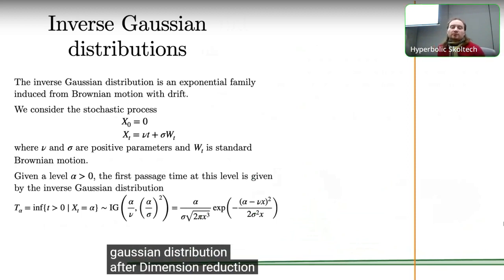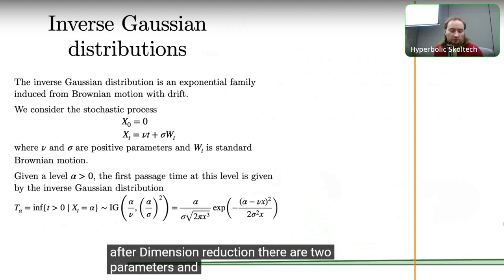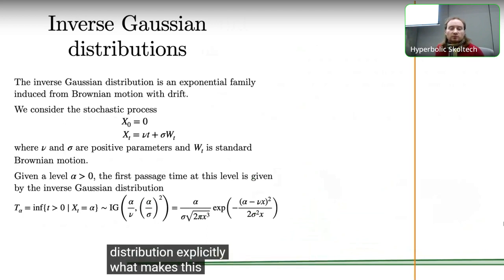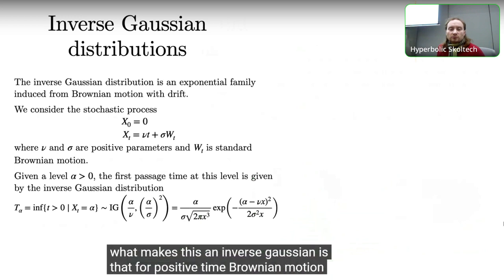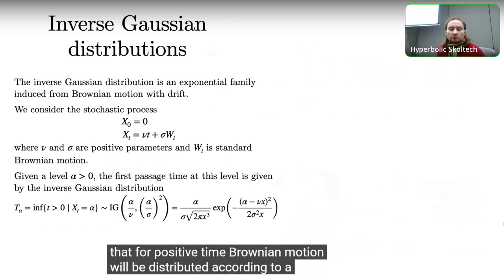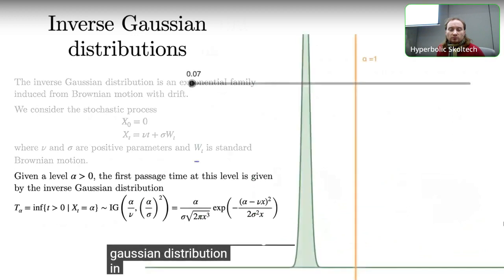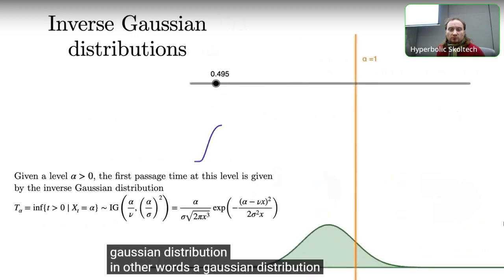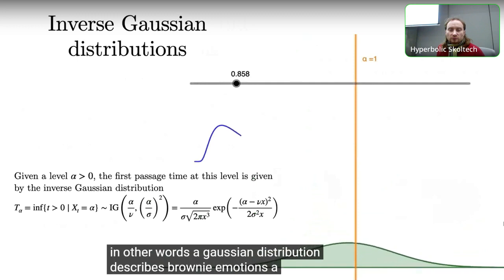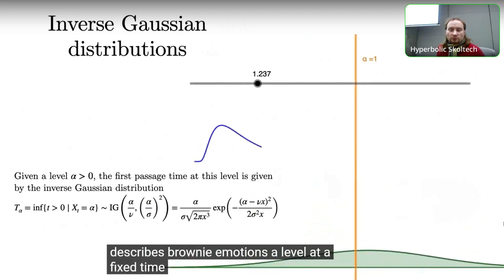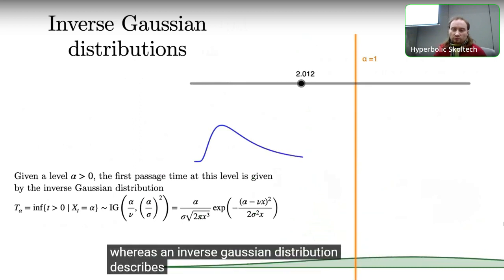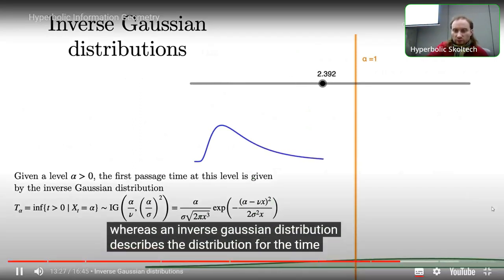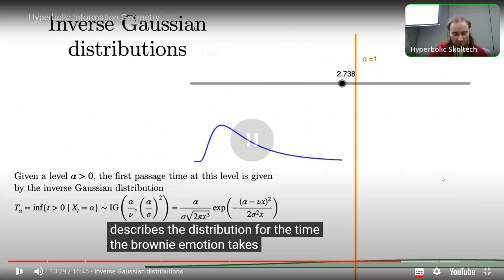After dimension reduction, there are two parameters, and we can write out the distribution explicitly. What makes this an inverse Gaussian is that for a fixed positive time, Brownian motion will be distributed according to a Gaussian distribution. In other words, a Gaussian distribution describes Brownian motion's level at a fixed time, whereas an inverse Gaussian distribution describes the distribution for the time that Brownian motion takes.